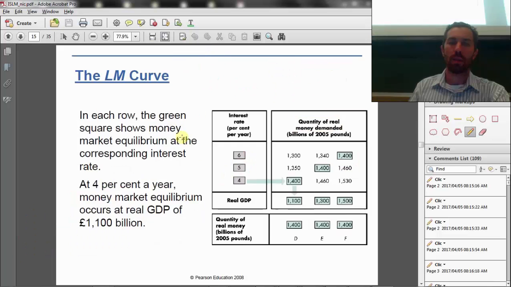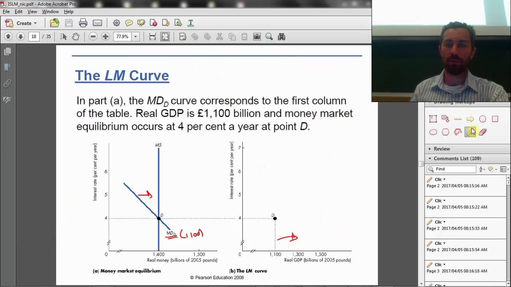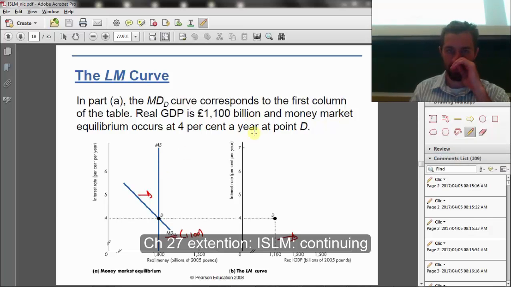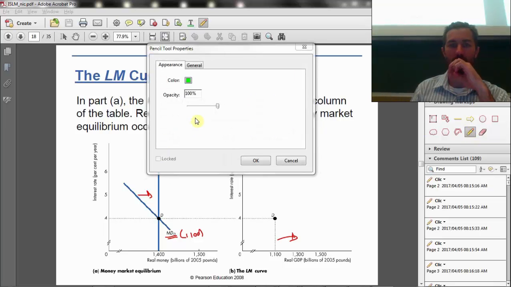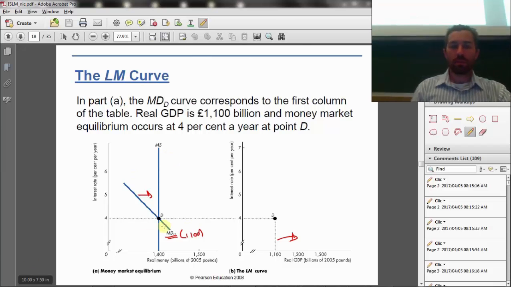Now, the same applies to the LM curve. I've got some level of money demanded for some level of output.